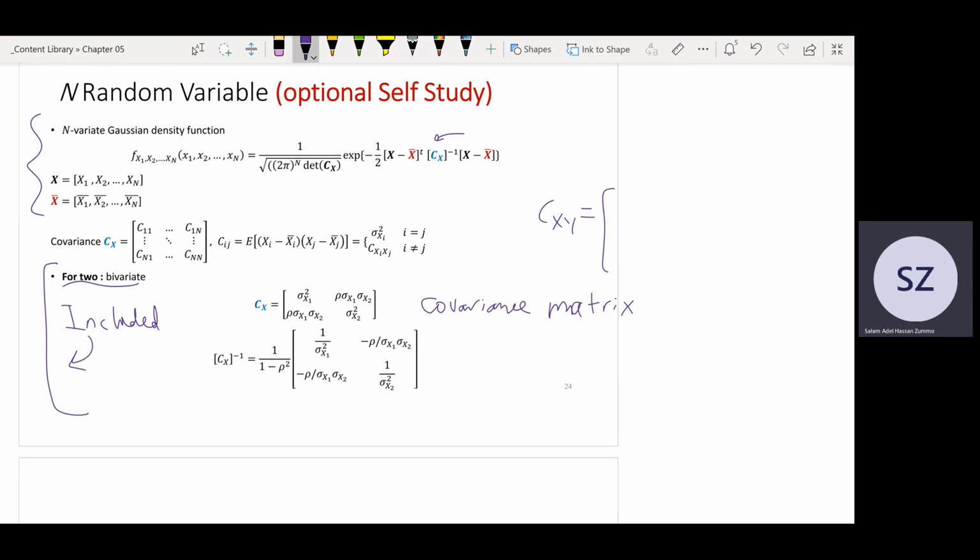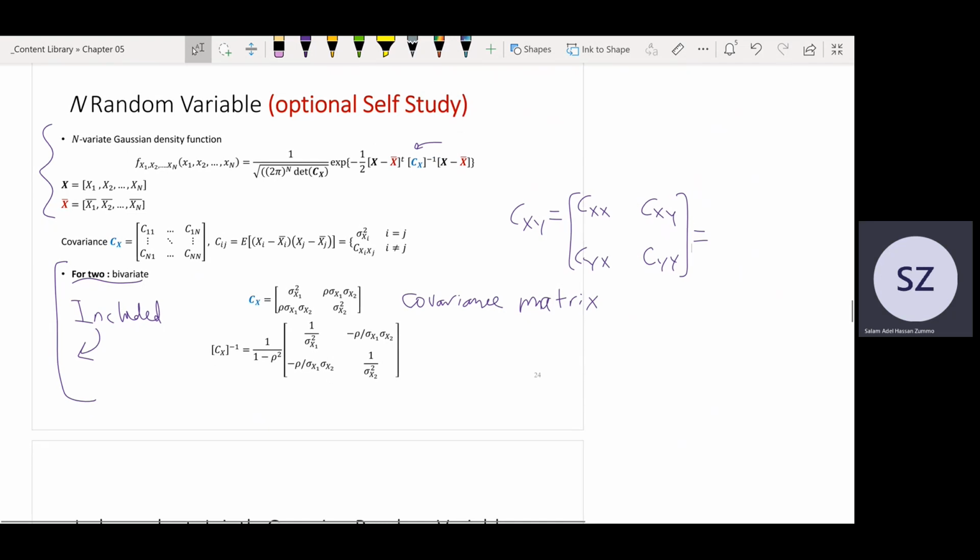It's basically CXX, CXY, CYX, and CYY. What is CXX? What is the covariance of X with itself?